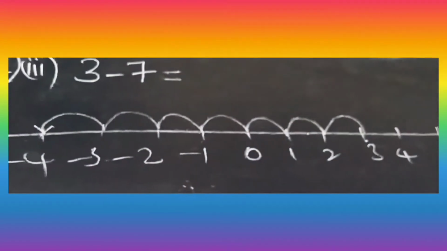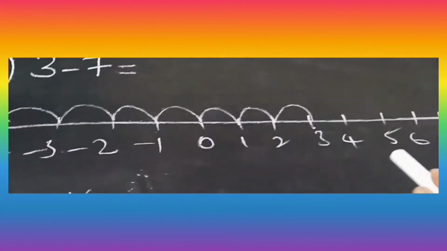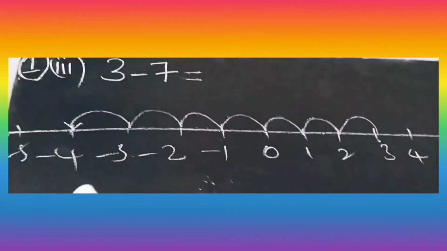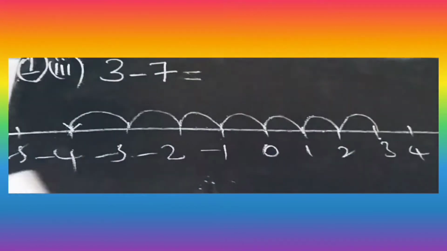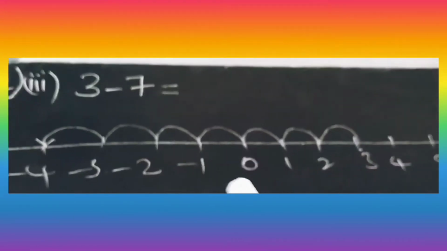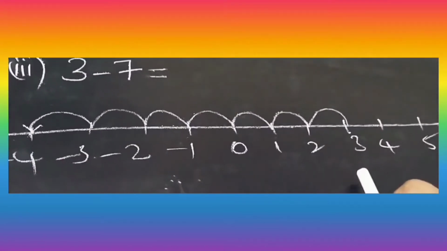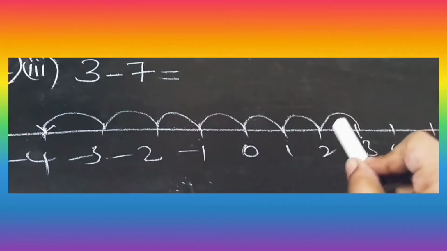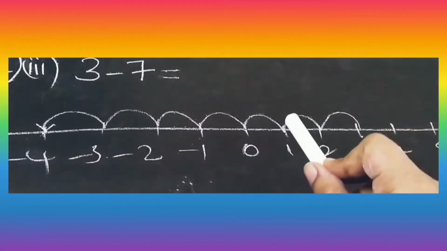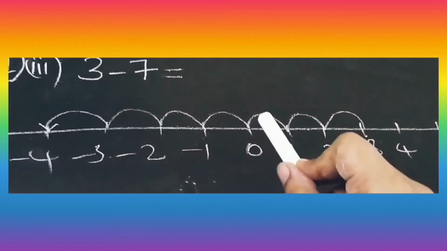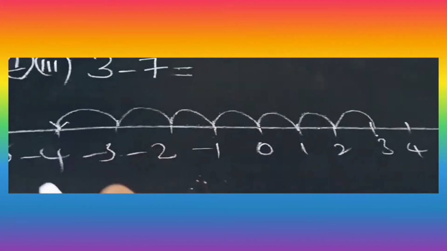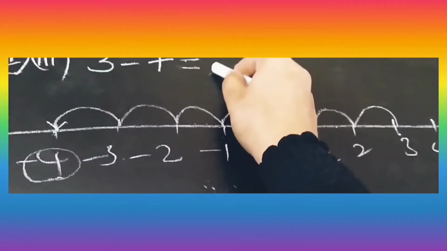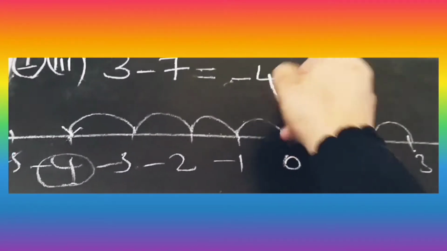Here 1, 2, 3, 4, 5, 6, 7, and here minus 1, minus 2, minus 3, minus 4, till minus 5 I am taking. 3 minus 7 means from 3 you have to move the curves 7 times to the left side. 1, 2, 3, 4, 5, 6, 7. So the answer is minus 4.